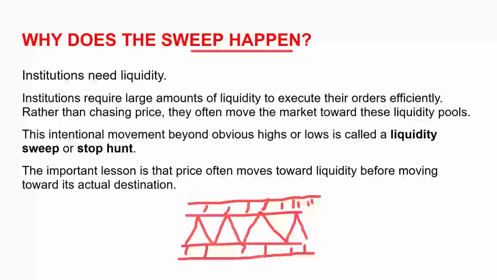Up here, there are stop losses of people who entered from these points and are looking to sell this market. And down here you may find stop orders of people waiting to long this market. That's all liquidity. The market moving beyond these lines that I've drawn is called a liquidity sweep or a stop hunt.